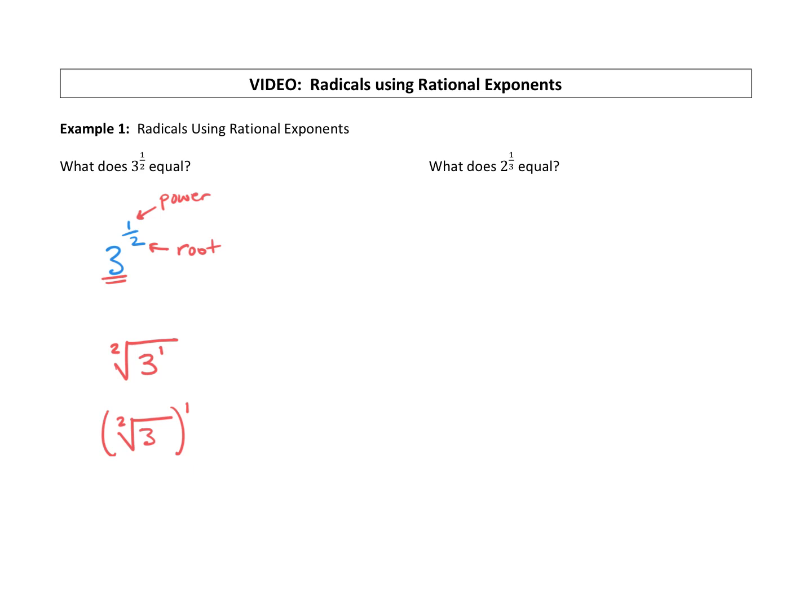Now, something we want to take note of. When you have a root of 2, so if the root of your rational exponent is 2, that is a square root.